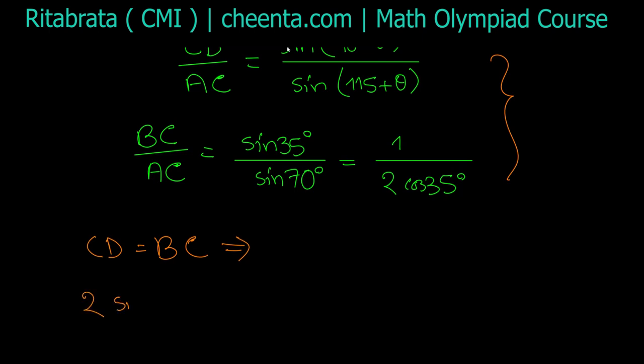2 sine of 40 minus theta cos 35 degrees is the same as sine of 115 plus theta.